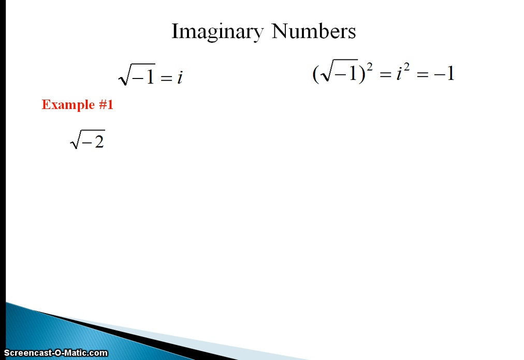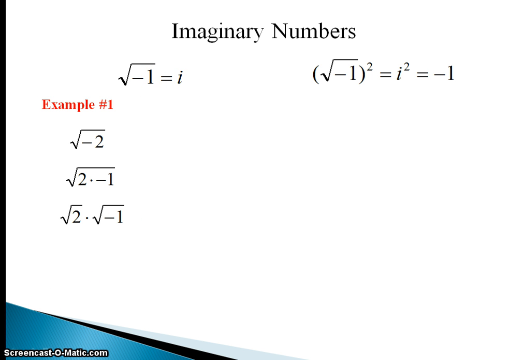Now, how do we simplify something that has an imaginary number? Well, let's take a look. We start with the square root of -2. We're going to factor out the -1 so that we have the square root of 2 times -1. And then, you probably guessed it by now from our previous examples, we're going to break up that radical and end up with the square root of 2 times the square root of -1. Now up above here, where you see the highlighted area, you can see that we already talked about the square root of -1 is represented by i.